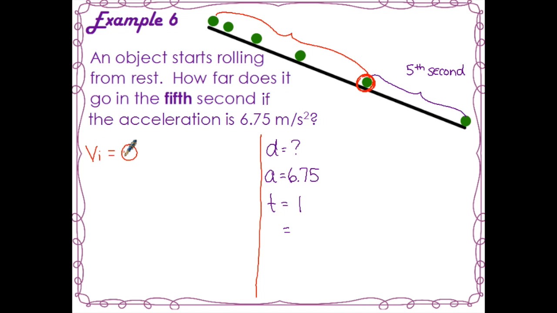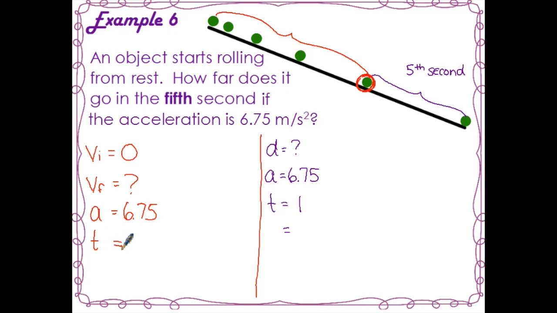V initial is 0 because it did start from rest up here. So this problem does start with a velocity of 0. I'm looking for V final. Same ramp. Acceleration the whole time is 6.75.